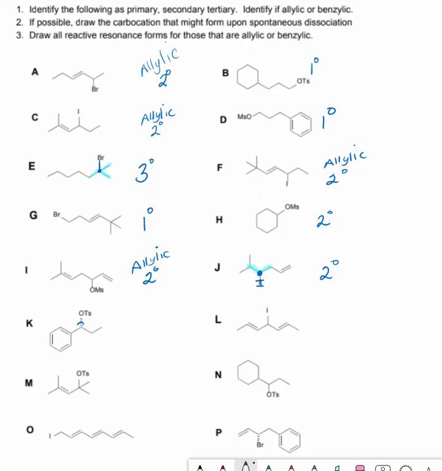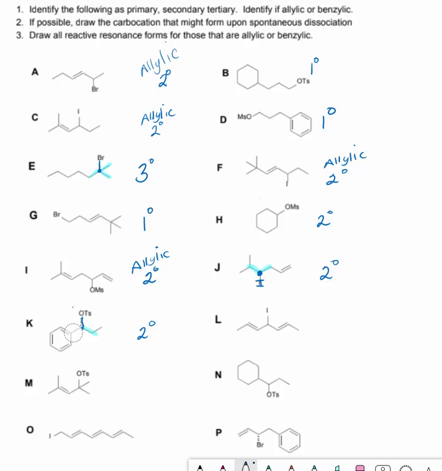For K, we're analyzing this carbon here because it is the one that contains the heteroatom. And this carbon is bonded to 2 other carbons. So this is a secondary compound, and specifically because the carbon that contains the heteroatom is bonded to a benzene ring.